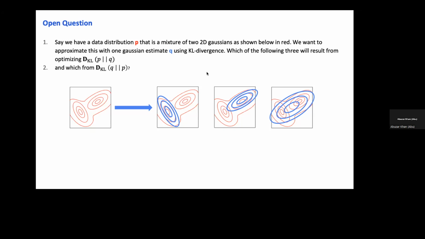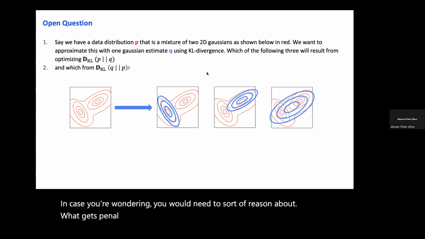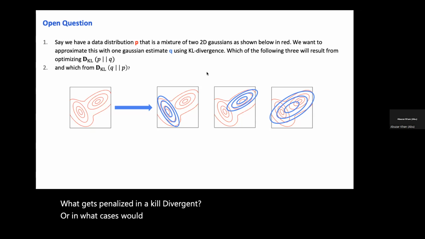In case you're wondering, you would need to sort of reason about what gets penalized in a KL divergence, or in what cases would the modeling procedure be penalized the most.